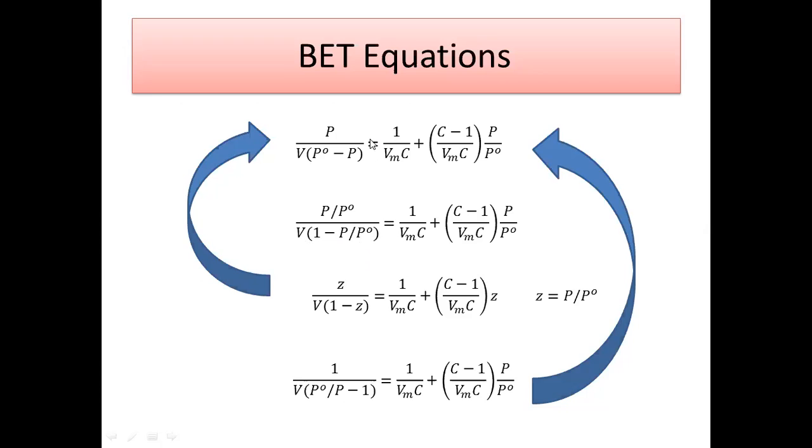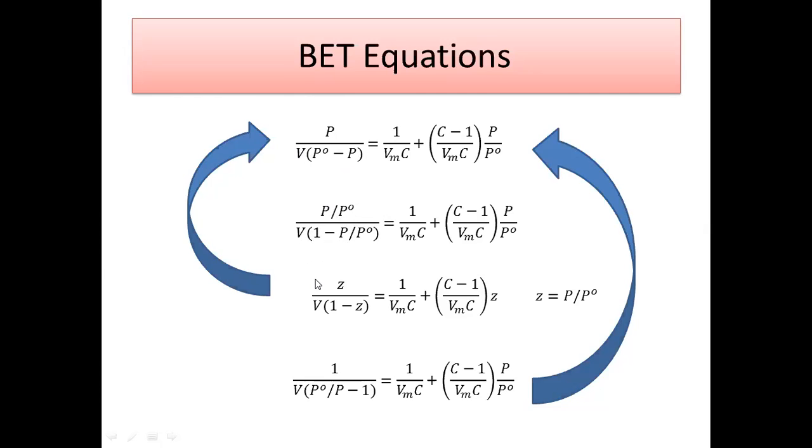So P naught minus P, and here you have a look, this is P naught minus P, and when you take the LCM, this would be dividing the whole equation, and this P naught is going to cancel out, and this will remain the same. So this is just a different manipulation of the results.